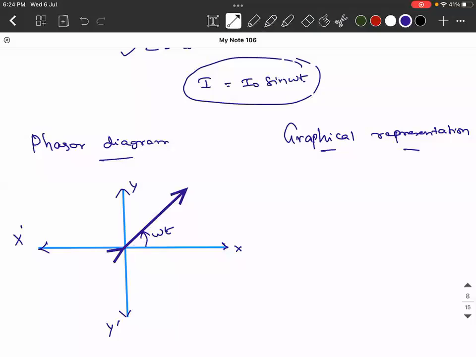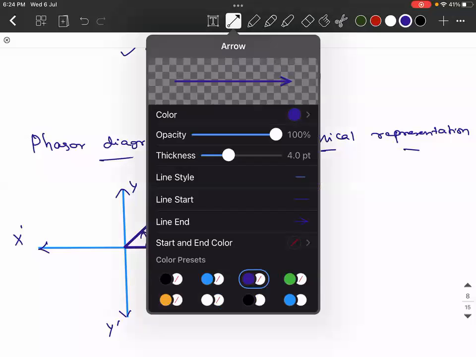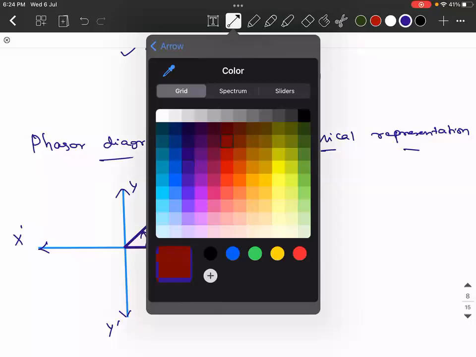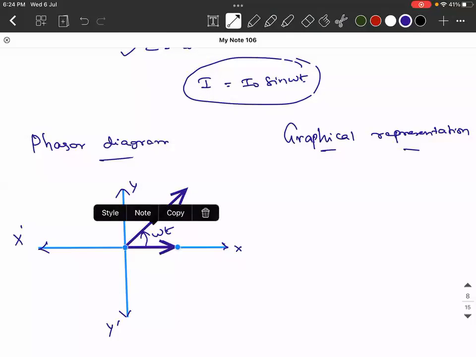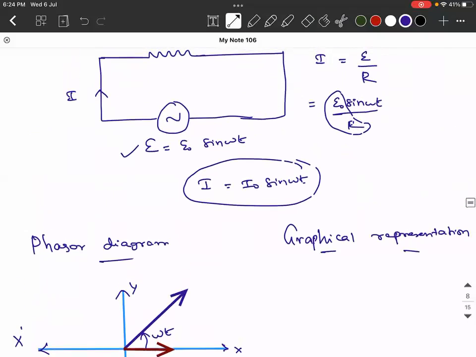Then what about the current? So if you see current, this is where you need to be careful.